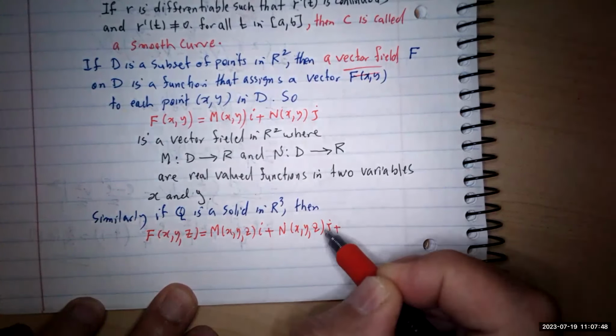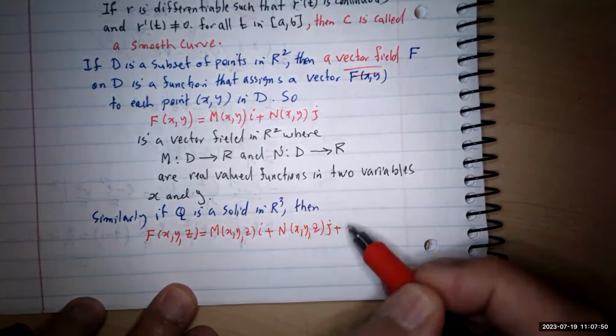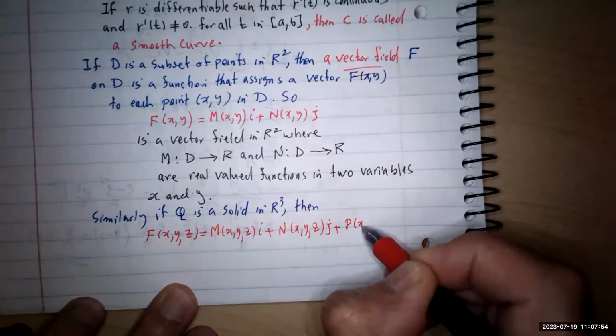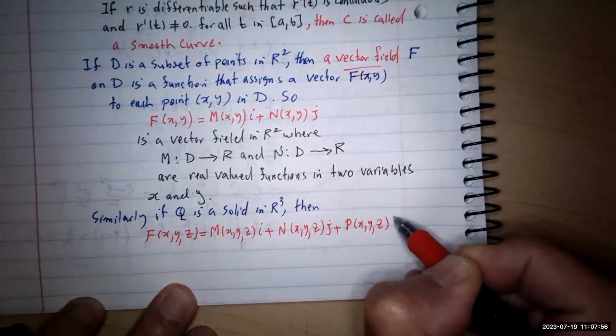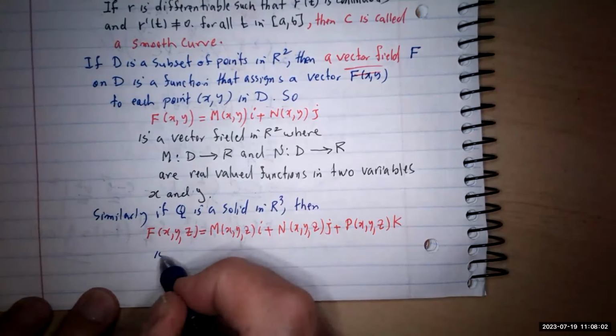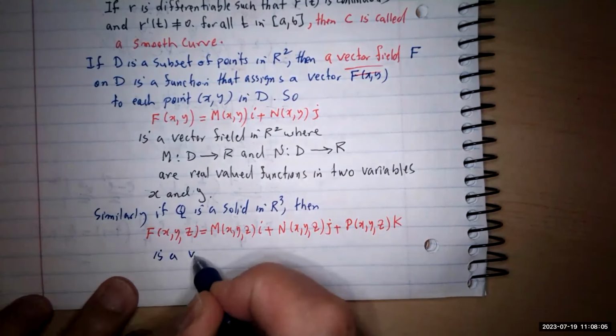And then I go with p, m and p in this course. It's more popular, p of x, y, z times k. You see? This is going to be a vector field in R3.